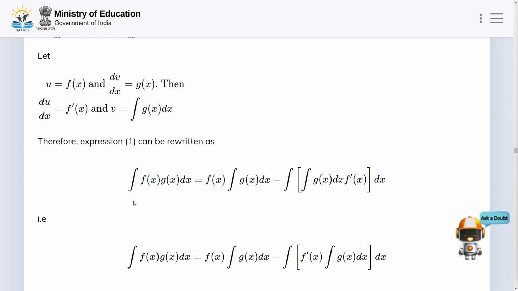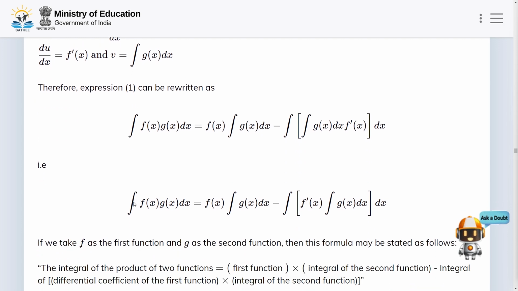This means your expression will now be rewritten as: the integration of f(x) g(x) dx is equal to f(x) times the integration of g(x) dx minus the integration of g(x) dx multiplied with the derivative of f(x). Simple. I hope it is clear what is happening.